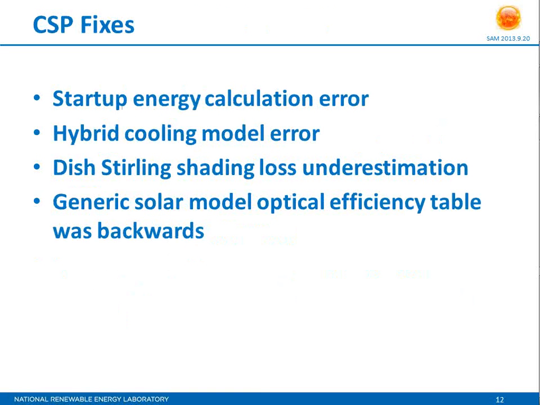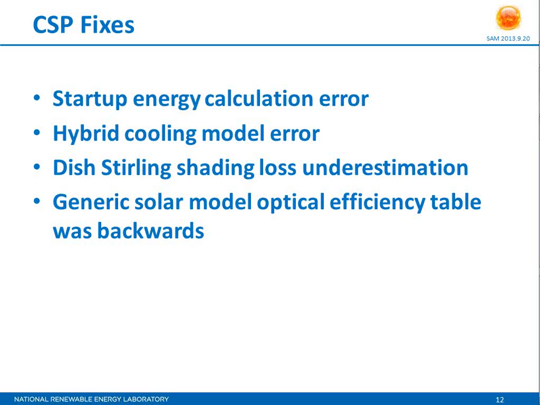And then I'm not going to go into these in any detail at all. As usual, bugs come up, so each version we take care of those bugs. And so there's a list of issues that we found with the concentrating solar power models.